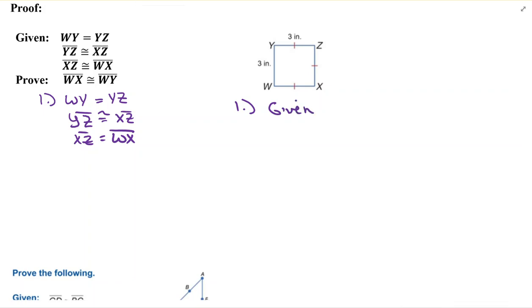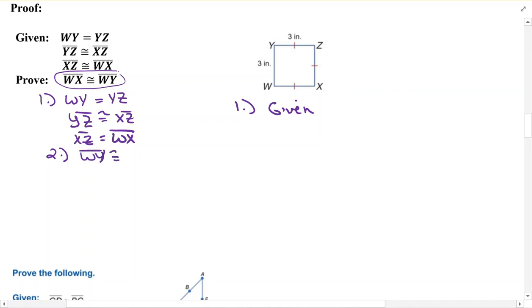Looking at what we were given, WY is equal to YZ, which basically means it's congruent, and YZ is congruent to XZ, and XZ is congruent to WX. So it makes sense to be able to prove what we want to prove here, that WX is congruent to WY. So let's change the one that's not congruent to congruence.